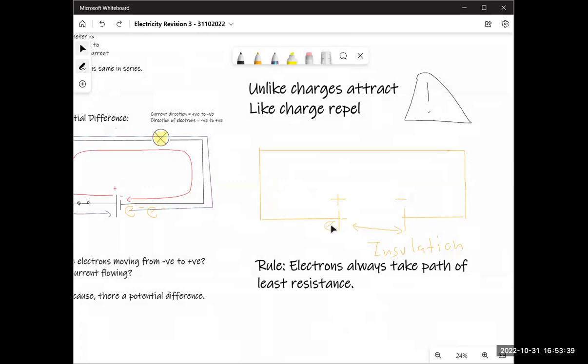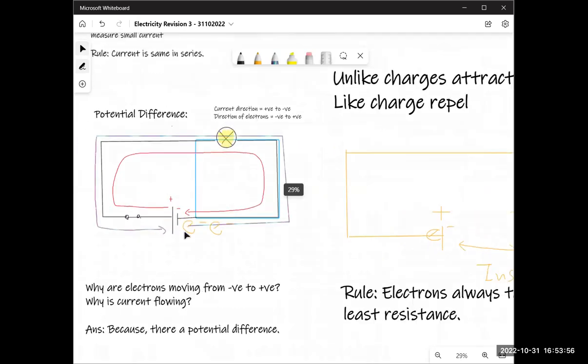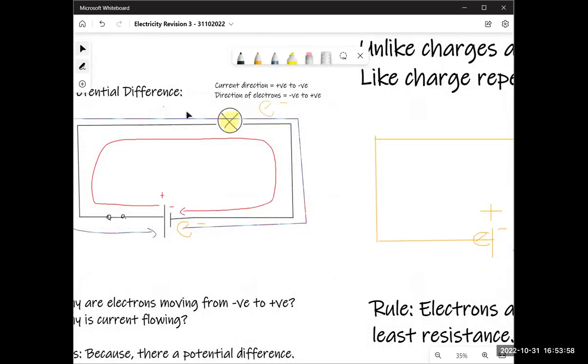Is that clear? Yes. So it does not conduct electricity, so electricity cannot move like this. It can't go directly from here to here. So it has to go from here. Fine. Now that is why it's going from negative to positive. So we understand the direction now. I hope that's clear. The direction is going like this, and it's not going directly to the positive terminal.